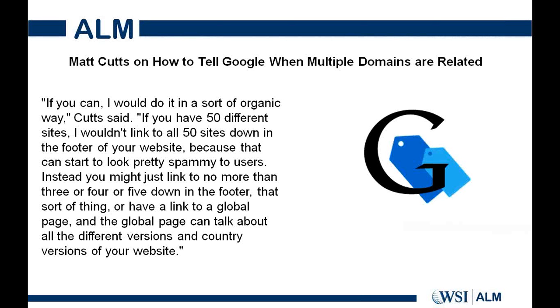There are some SEO companies and some clients out there, let's take the example of a bankruptcy lawyer. A national bankruptcy lawyer sets up 50 different sites, one for every single state, right? So bankruptcy lawyer Chicago, bankruptcy lawyer California, bankruptcy lawyer New York, bankruptcy lawyer Texas. They set up all these related websites, and then they link to each of these sites.